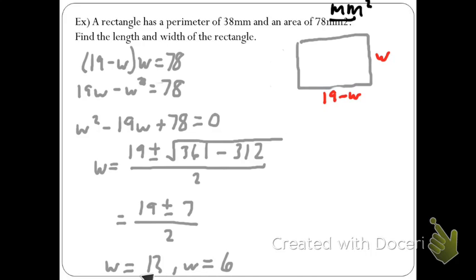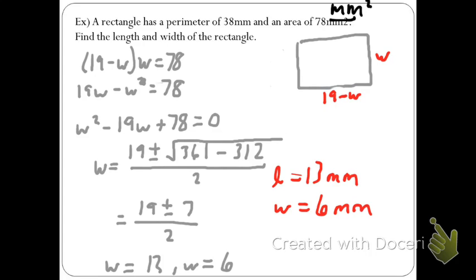And if one of these values is actually the length and one of them is the width, we're going to say that the length is 13, the larger of the two numbers, and the width is 6. Alright, length equals 13 millimeters, and the width is 6 millimeters.